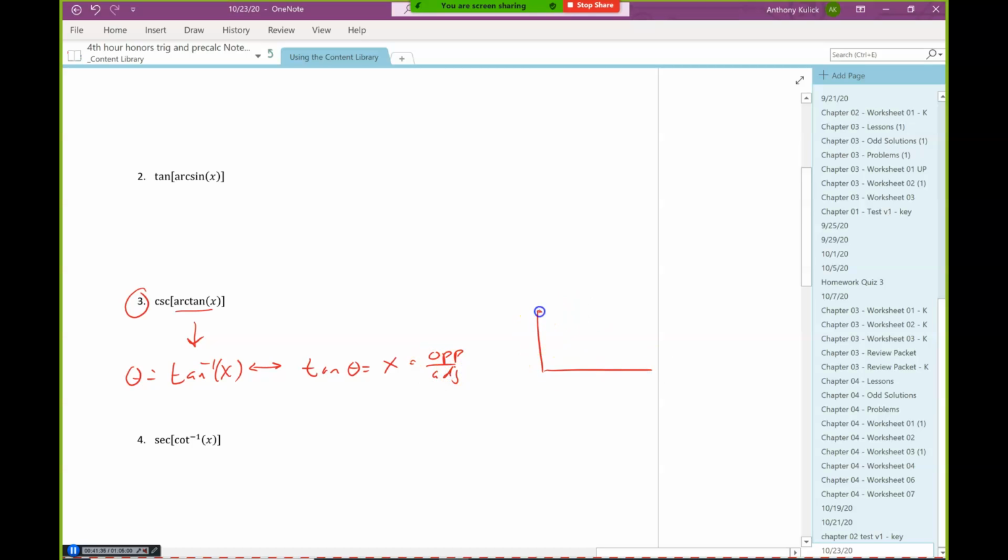By the Pythagorean theorem, then, I'm going to have the square root of 1 plus x squared as the hypotenuse. Right? a squared plus b squared equals c squared. Okay? And now cosecant is the hypotenuse over opposite.